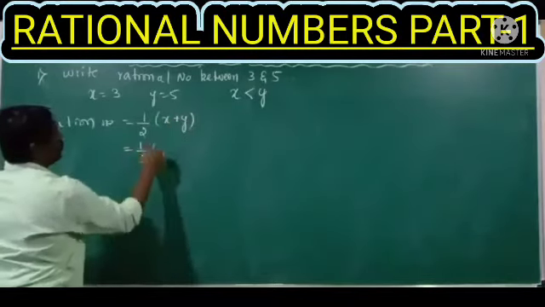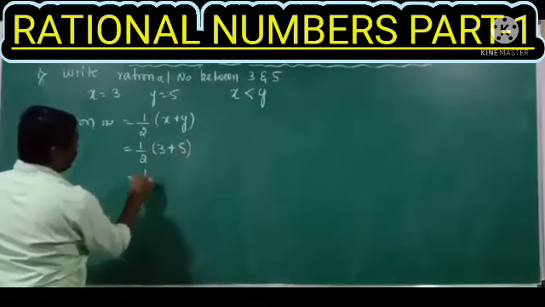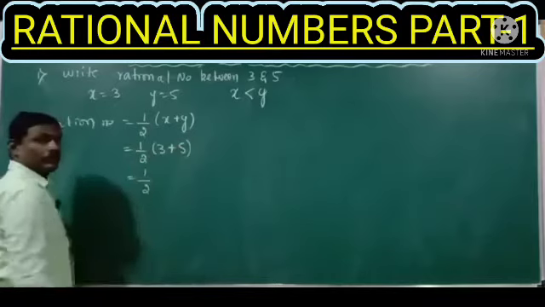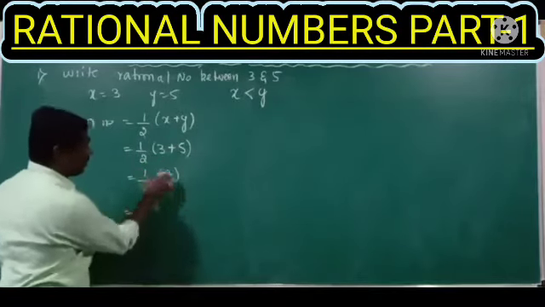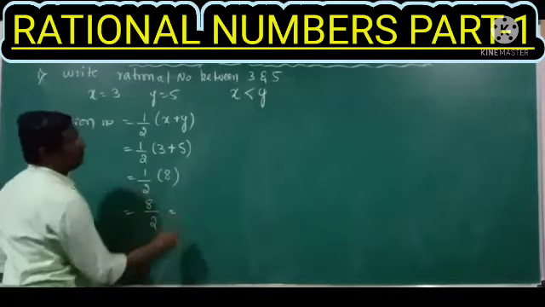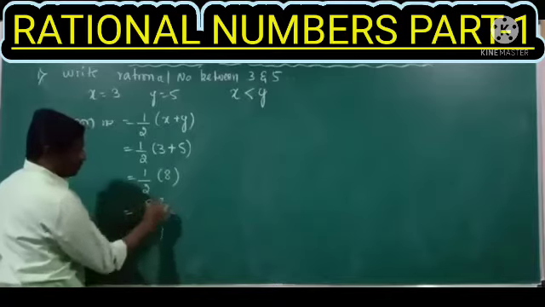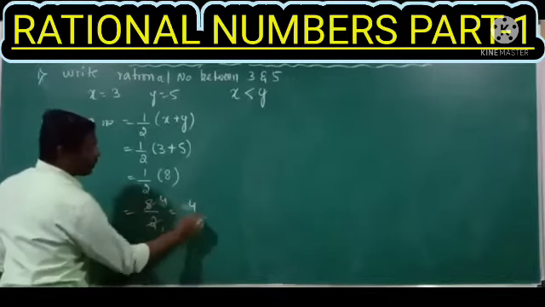What is the x value? 3. The y value is 5. 1 by 2 into 3 plus 5 is 8. So 8 ones are 8 divided by 2. 2 fours are 8. 4 by 1.